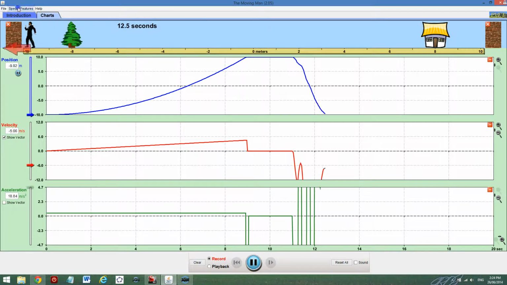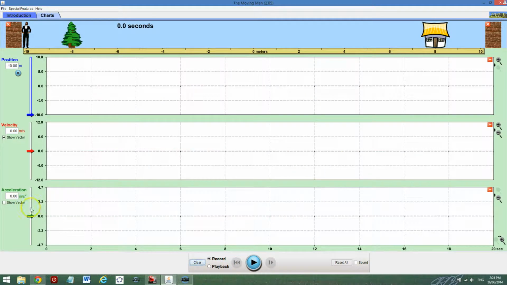Let me do it slowly again so we can check. This time let me do it slow. We used 0.5, so let's use 0.2, a slower acceleration. So let's play.